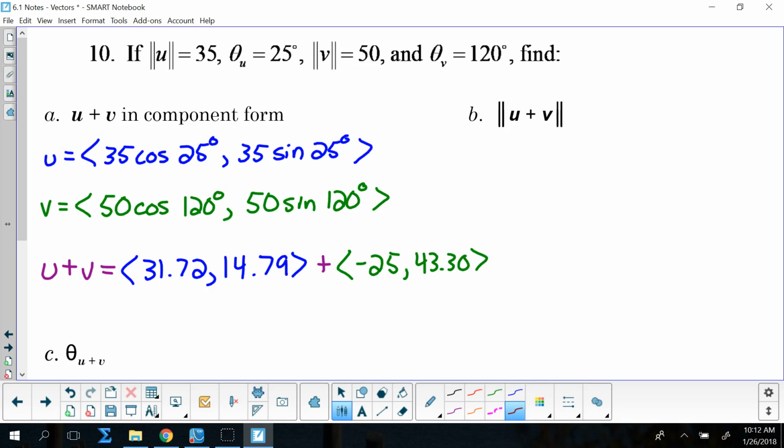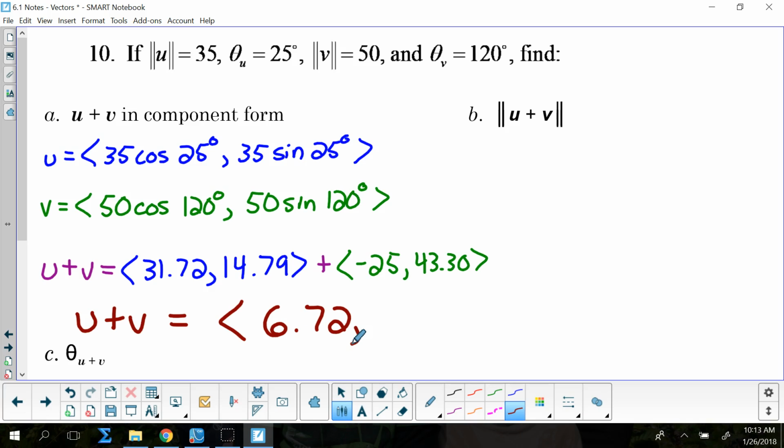So that gives me vector, whoops, tap the brakes. That gives me vector u plus v here is the vector 6.72, comma, 58.09. Yes?